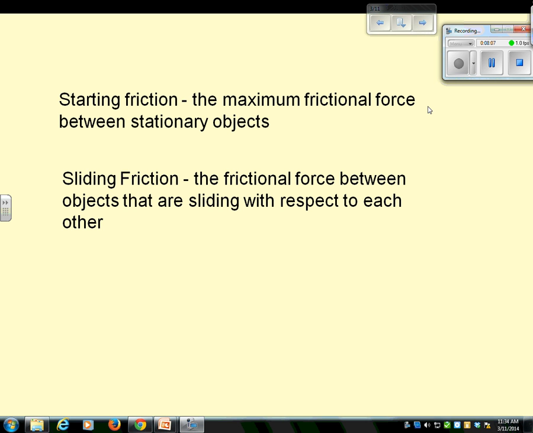It's actually a subset of starting friction, because when a wheel rolls, it doesn't slide, so the next part of the wheel is actually at rest, and it's the friction between the wheel and the axle. There's very little rolling friction between the ground and the surface. Obviously there's some, but it's a subset of starting friction.